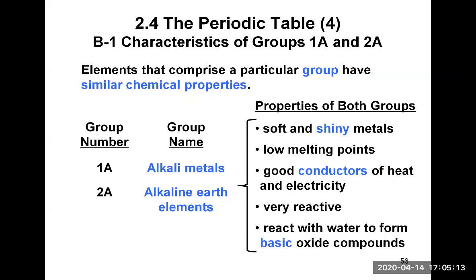In particular, they react with water to form basic oxide compounds. And those compounds are basic, which means they are alkaline. And that's why they are called alkaline earth elements or alkali metals.